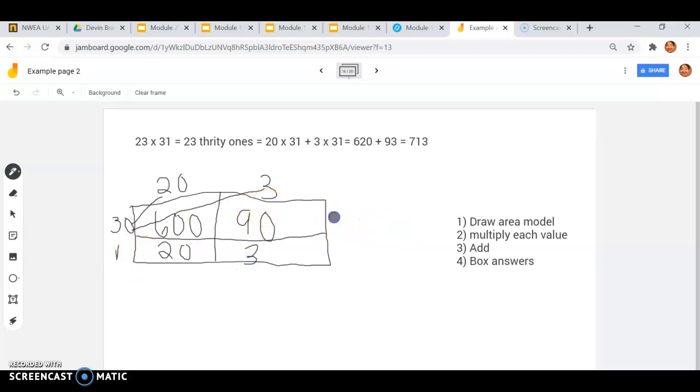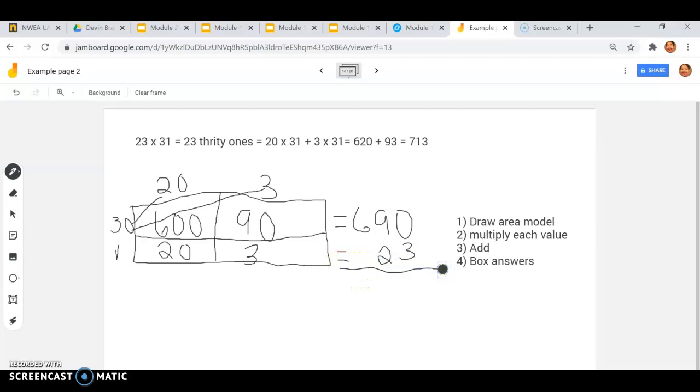The next thing we're going to do for step number 3, we're going to add our values. So we're going to do 600 plus 90, which gives us 690. And we're going to do 20 plus 3, which then gives us 23. Right?